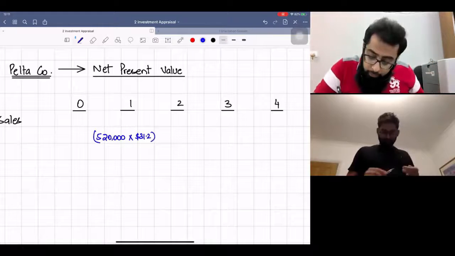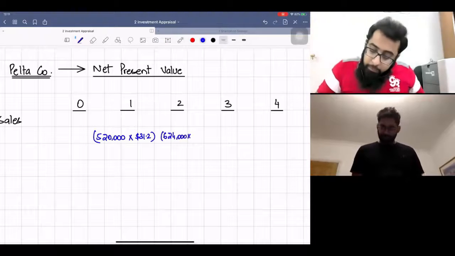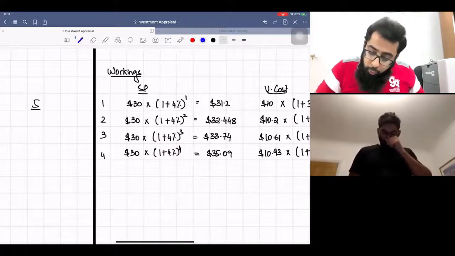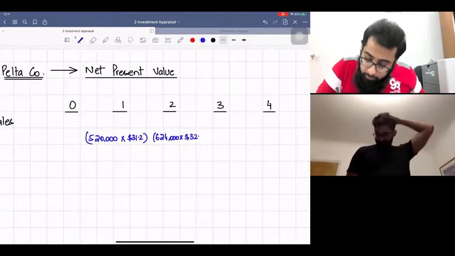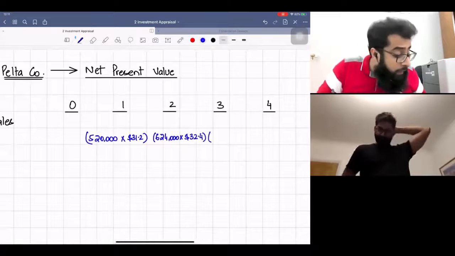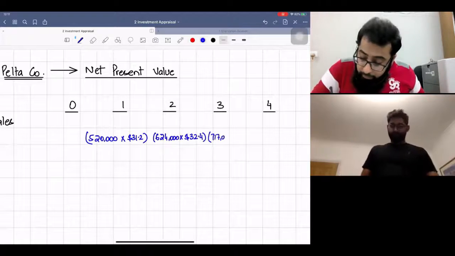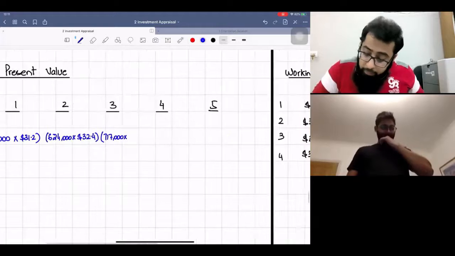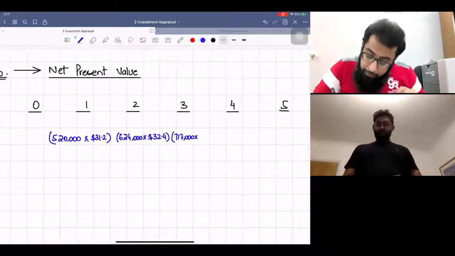Then 6,24,000 units multiplied by $32.4 selling price. Then 7,17,000 units multiplied by 33.74.